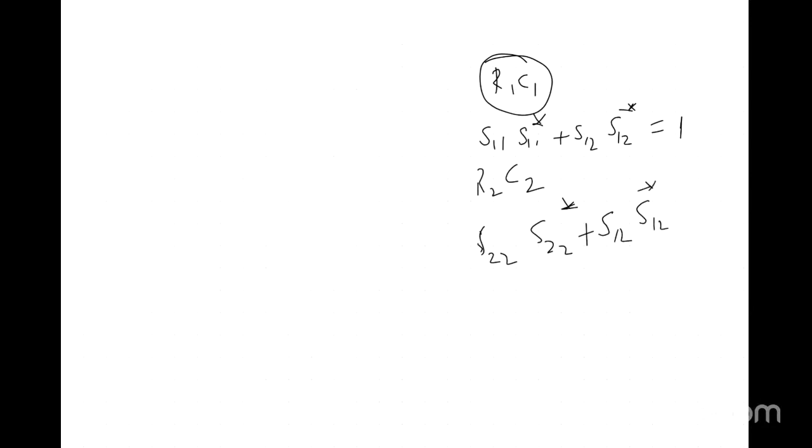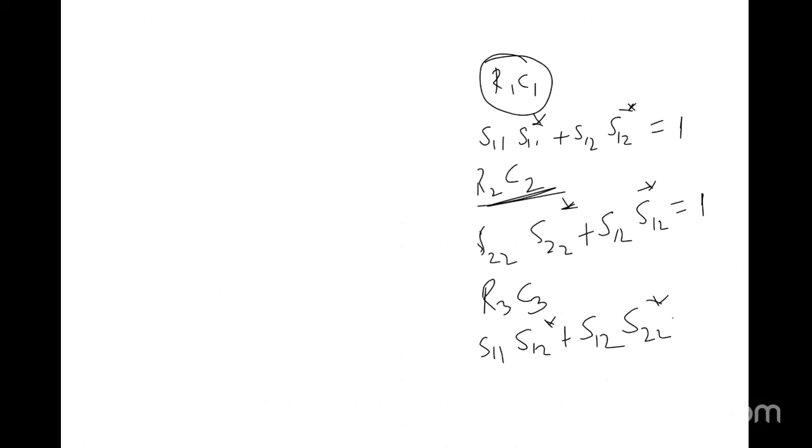Next, I am multiplying row 3, column 3. This is row 1, column 1. This is row 2, column 2. Next, I am taking row 3, column 3. If I take row 3, column 3, I will get S11, S12 star plus S12, S22 star. This one is equal to 0.